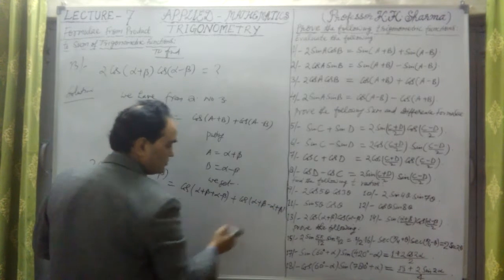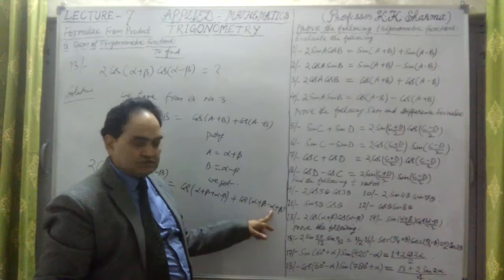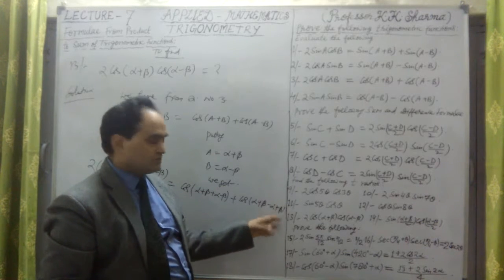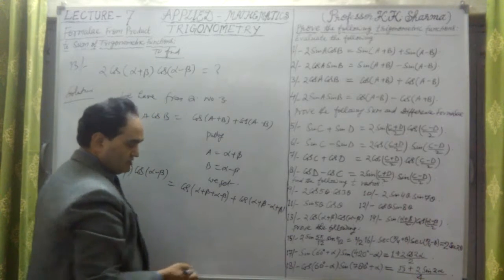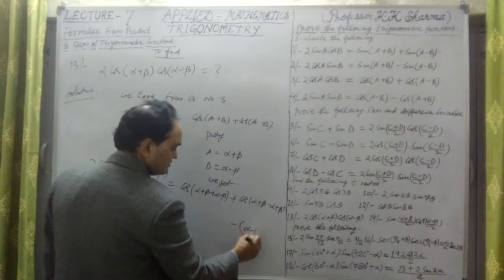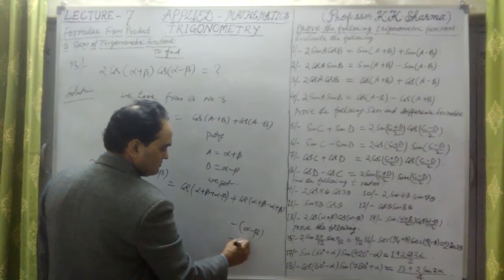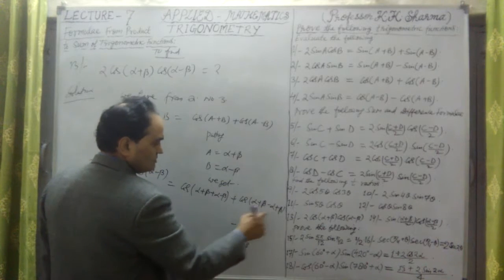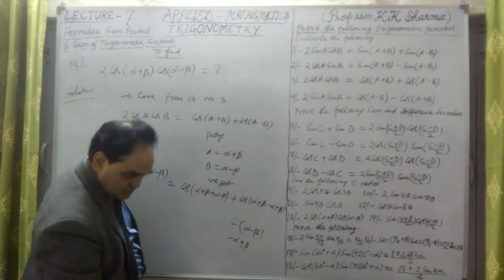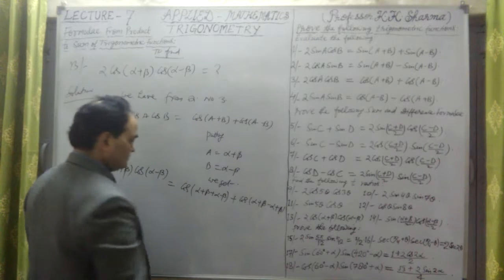Why? Because we have to open with minus sign. First is negative, then other negative plus, so it becomes plus sign. If I open the minus sign like this, minus(alpha minus beta) equals minus alpha plus beta. That is the logic here.